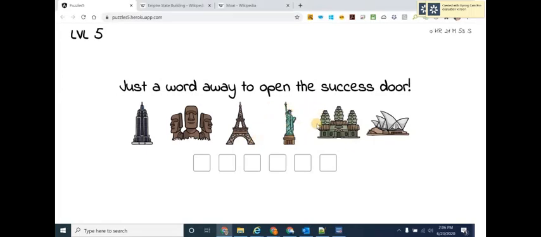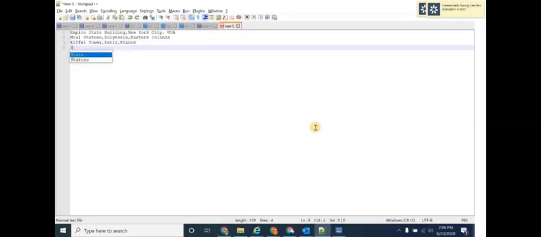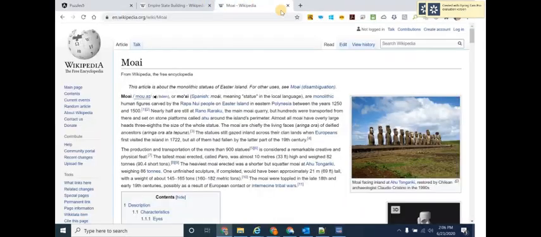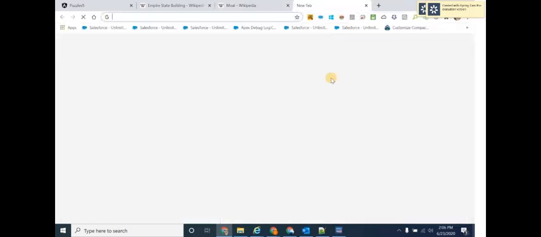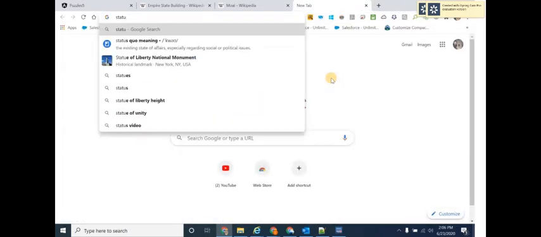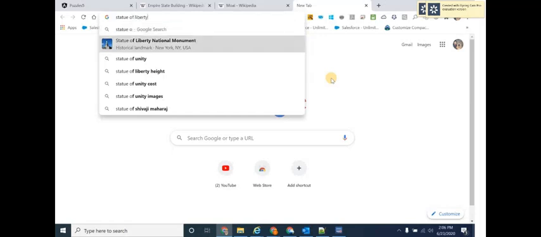This is also a familiar structure, that is Statue of Liberty. Statue of Liberty is in New York, USA.